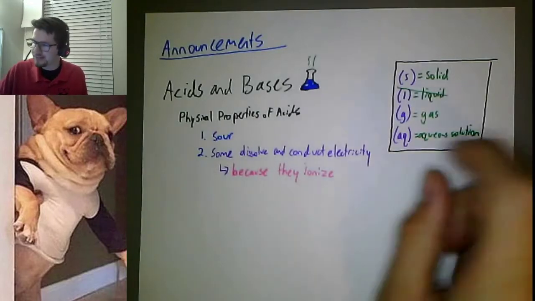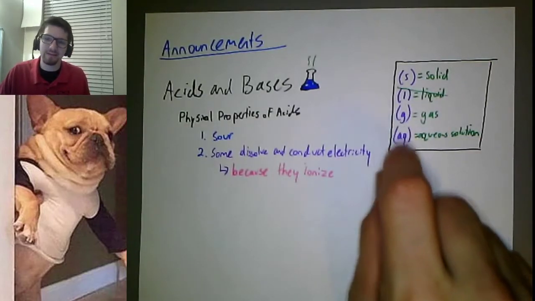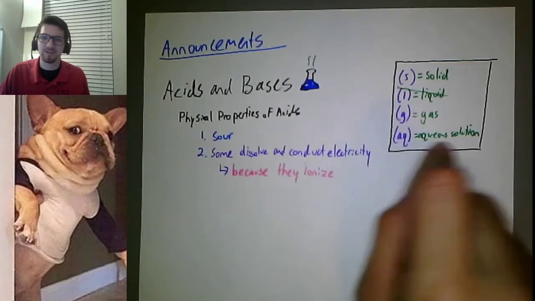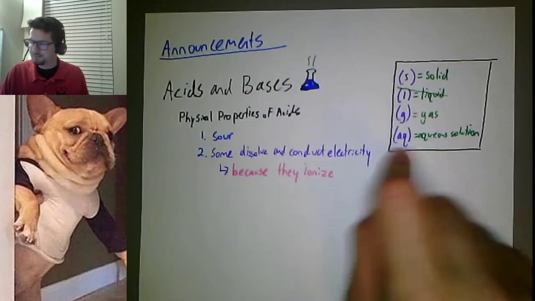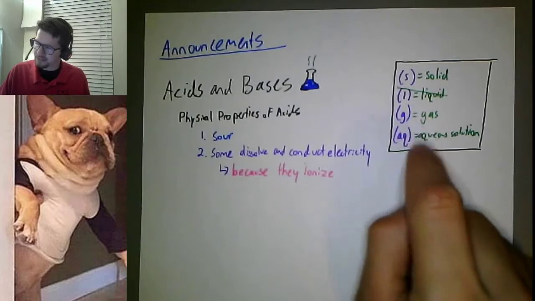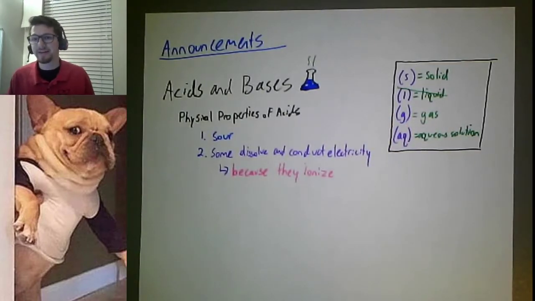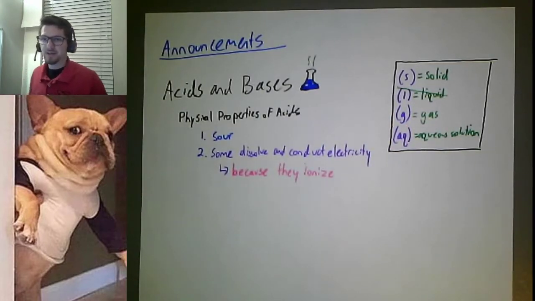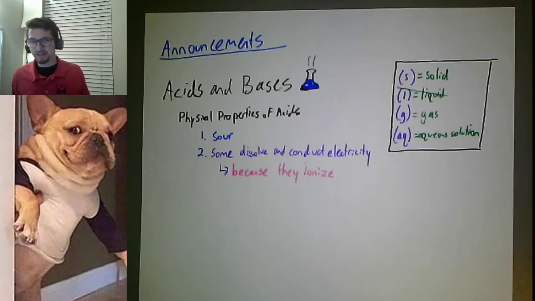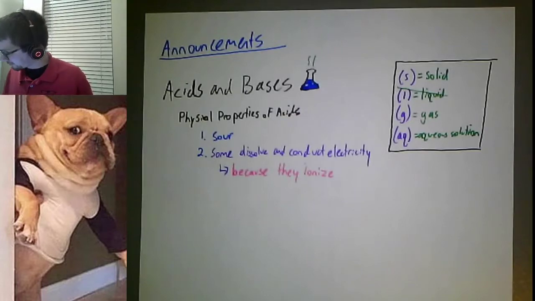So in other words, two gases, when they combined, became an aqueous solution. This is why we need that notation. In a chemical equation, you could see what turned into what. Is it all solid? Is it all gas? Is it all liquid? That's why that's important. Let me show you an example of when it's important.